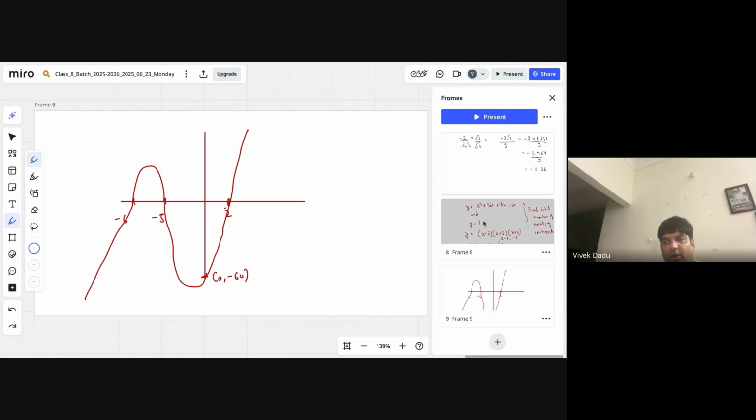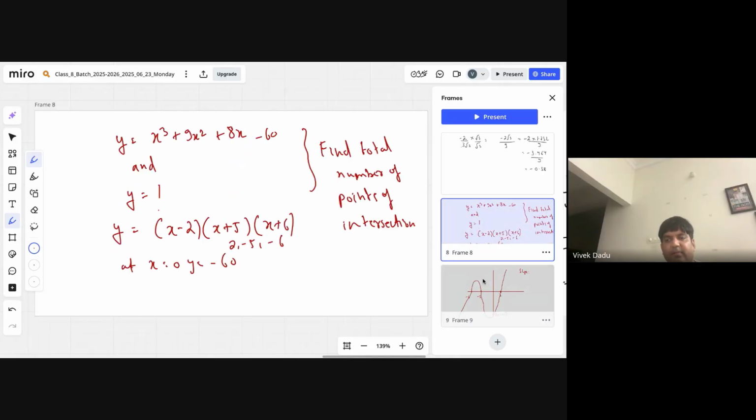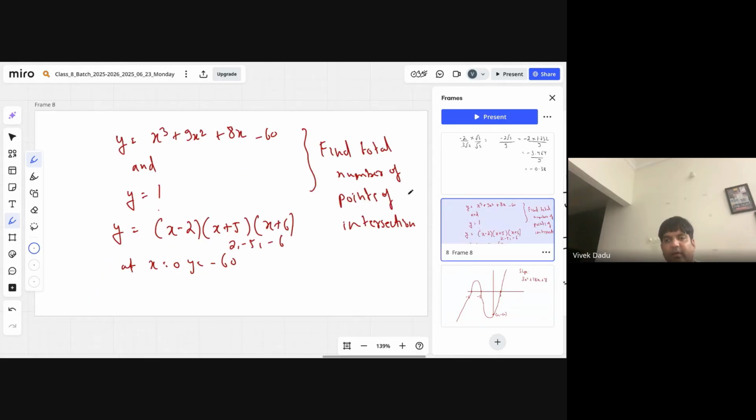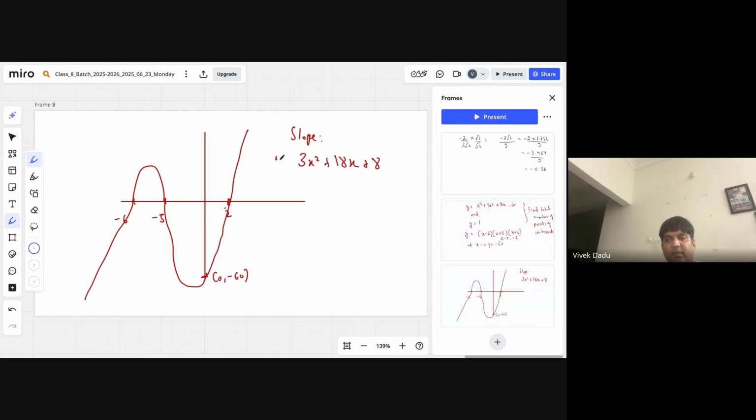Now you guys were also able to find the slope, which was 3x square plus 18x plus 8, right? And equate it to 0. So again 3 common, x square plus 6x plus 8 by 3 equal to 0.